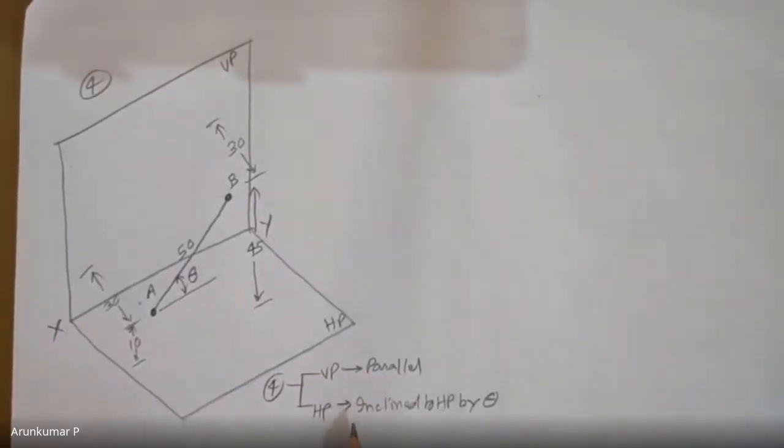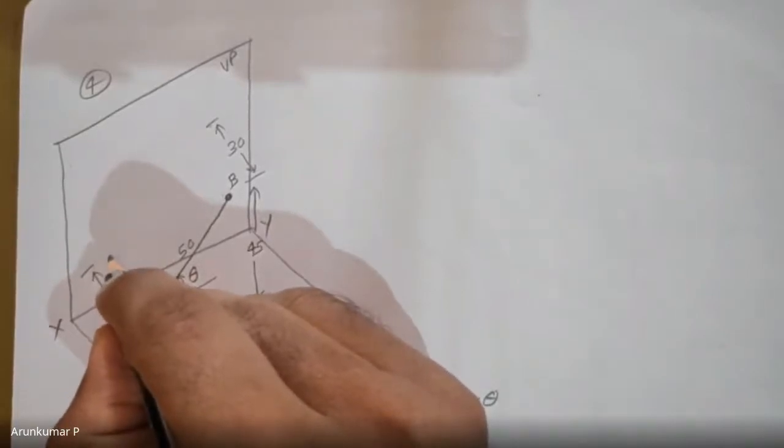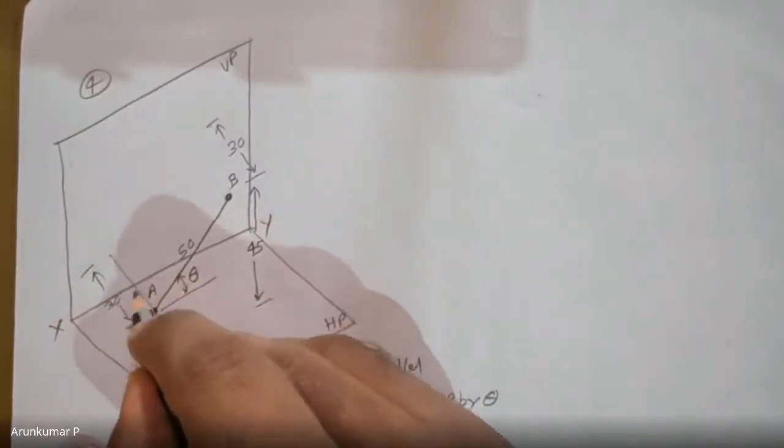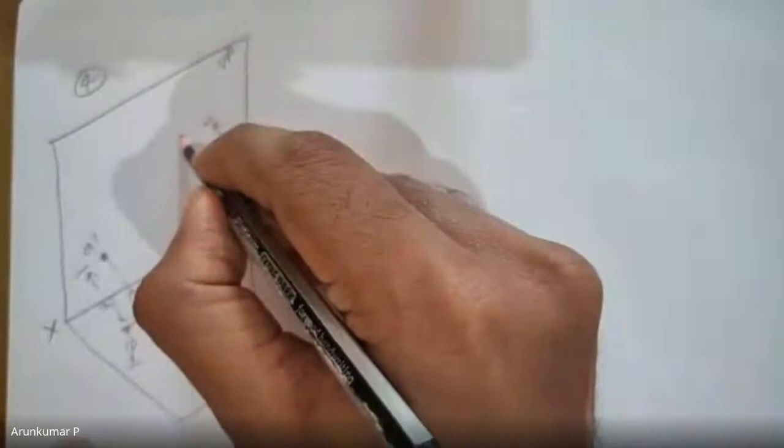Okay. So the line is inclined to HP by an angle theta. So that angle is given. So if it is parallel to VP, then if I draw the front view of the line AB on VP, then this would be A dash and this would be B dash.